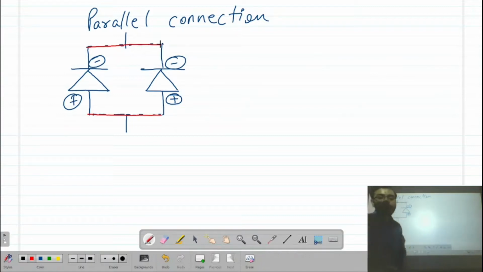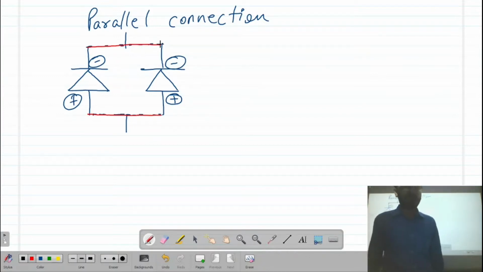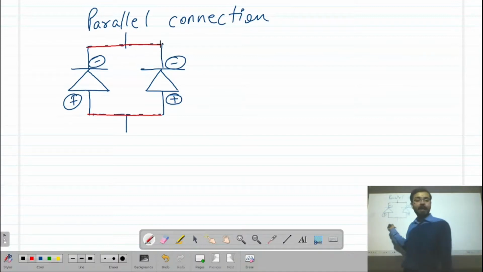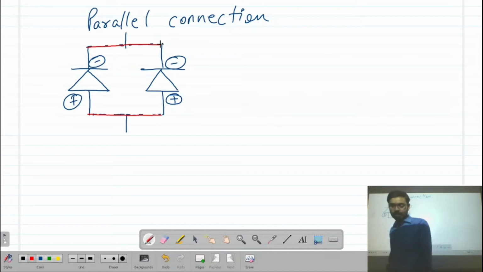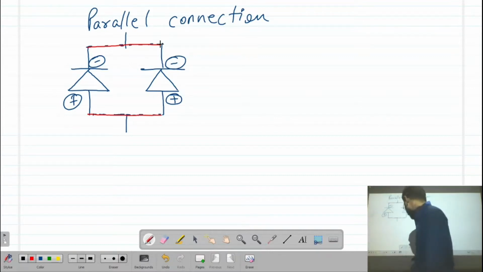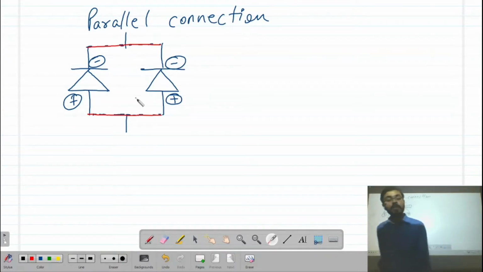So the positive terminals are connected to each other and the negative terminals are connected to each other. Then this is nothing but the parallel connection of a solar cell. Now what will be its IV? Its IV will show the increase in the overall current of a cell, right?